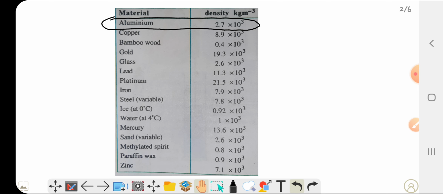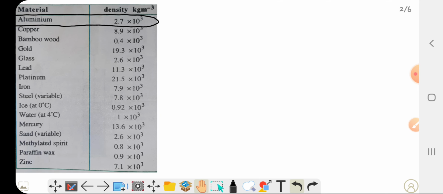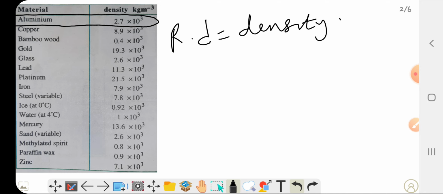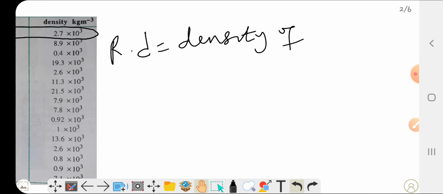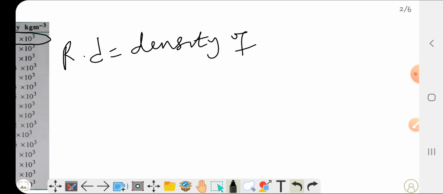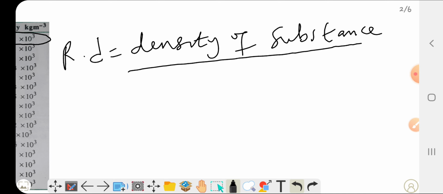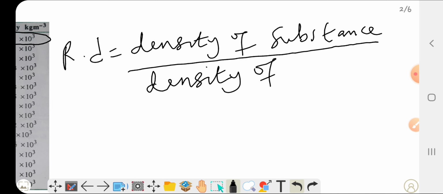And don't forget that relative density equals density of substance divided by density of water. You must divide it by the density of water.